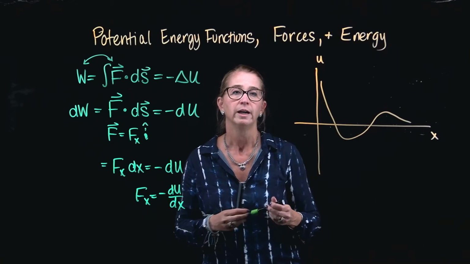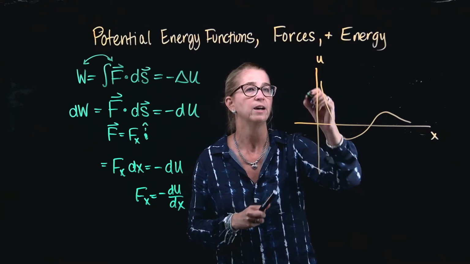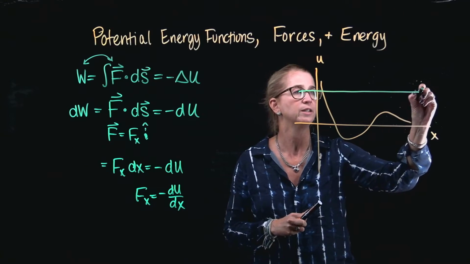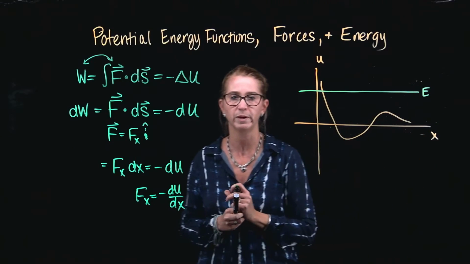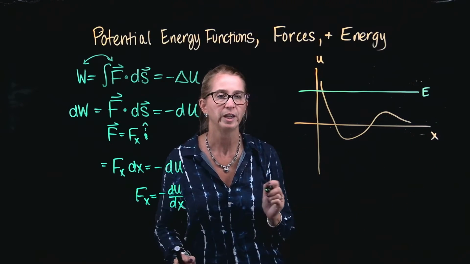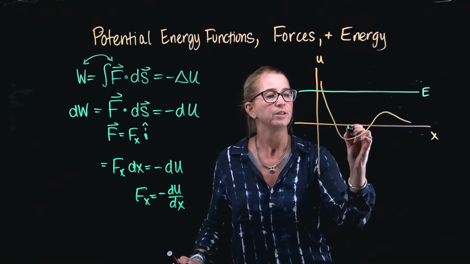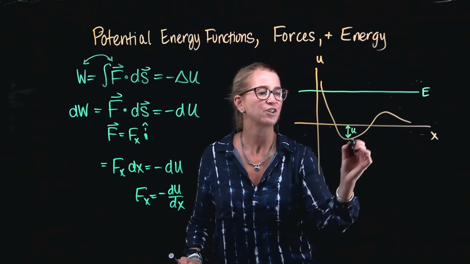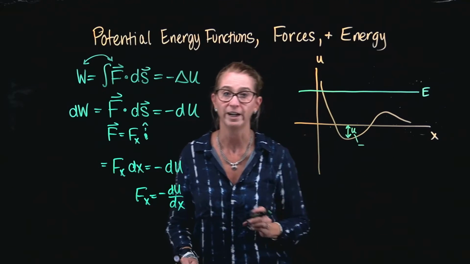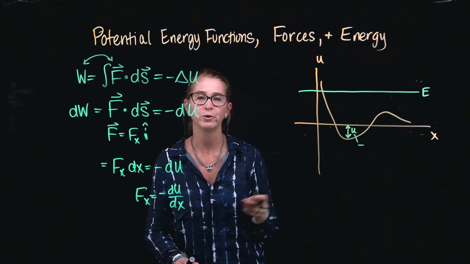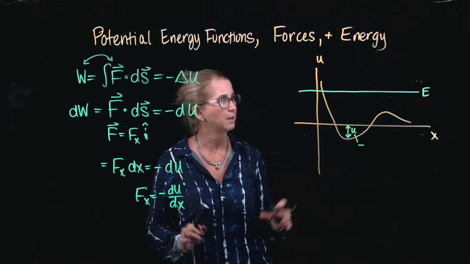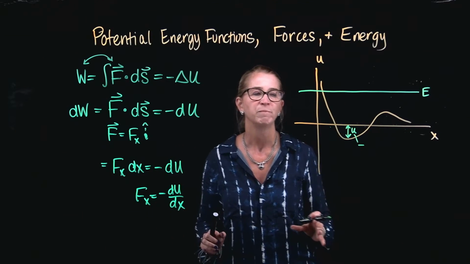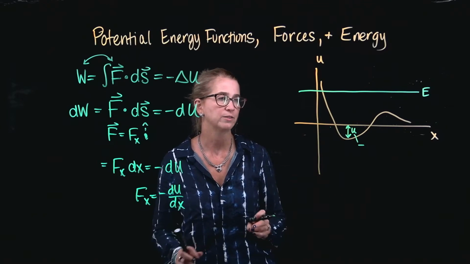Now, another thing that I wanted to point out, just thinking about how much energy this system might have. Notice here, at this location, the potential energy is actually negative, right? The function goes into the negative, and at first that might be a little bit alarming, like, oh my goodness, how is that right?